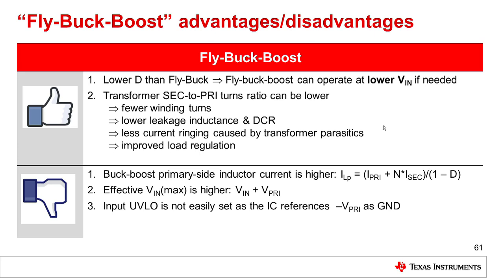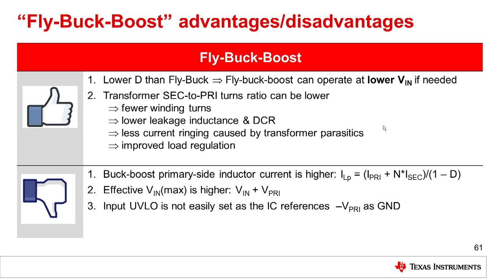It also means you'll have lower leakage inductance and DC resistance, and you'll have less current ringing caused by the transformer parasitics. So all this adds up to improved load regulation with a transformer with a smaller turns ratio.